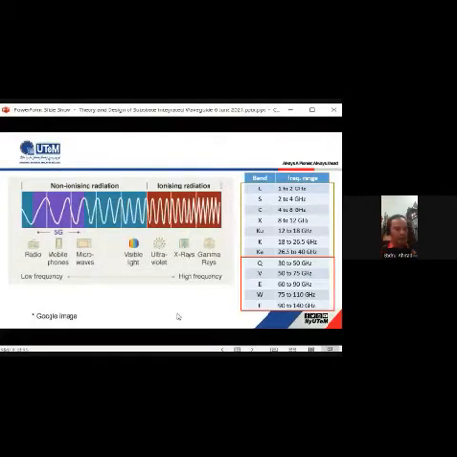On the right hand side is a table. If I can broadly classify, the microwave frequency range, the famous one is the L to C band. It's very popular, and most applications are within this range. The X band is a bit higher, especially for defense purposes. The higher order bands have also been looked into and used, but not much.